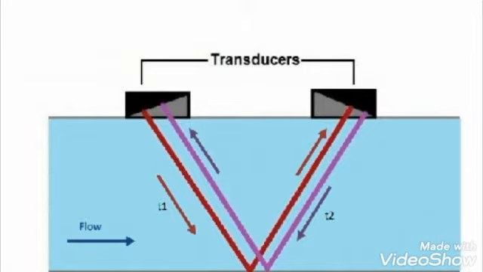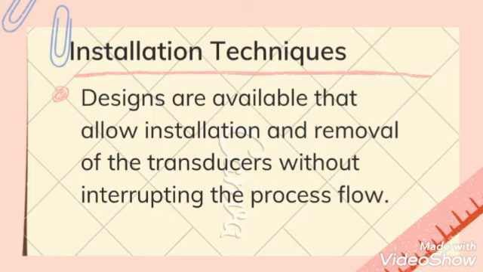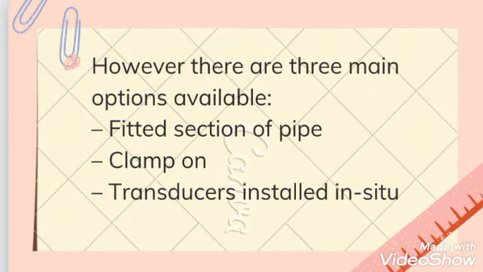So the second device, which also has a transmitter, will transmit and the first one will receive. So this difference is equal to the flow. Designs are available that allow installation and removal of the transducer without interrupting the process flow. So we can remove and install without disturbing the flow.